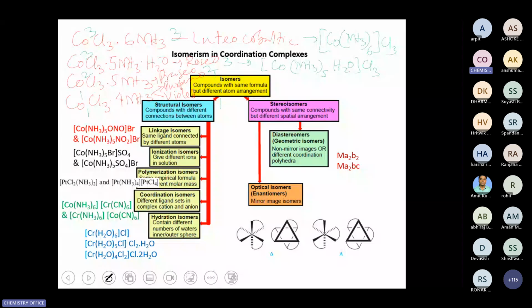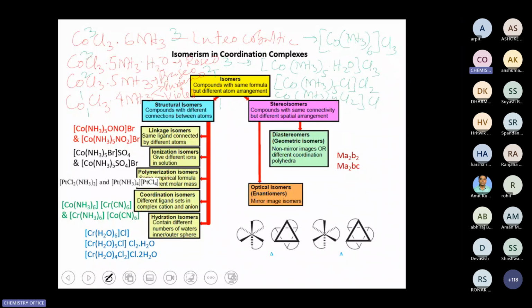But in the third one, because there are 5 ammonia molecules and no water in this case, it will include 1 chloride inside the coordination sphere, leaving 2 chloride outside. So whatever is present outside the coordination sphere, that much amount of silver chloride is formed. In the fourth case, it will be Co(NH3)4 Cl2. Outside there is only 1 chlorine, so only 1 silver chloride is formed.